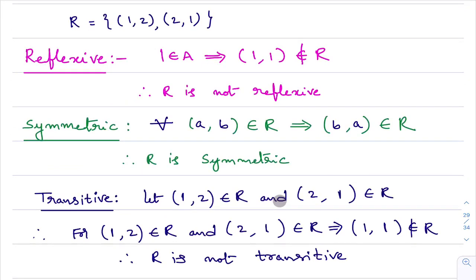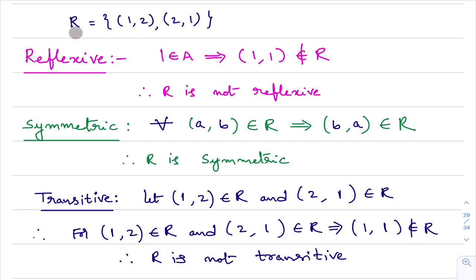First you find a pair of ordered pairs (a, b), (b, c). You see (1, 2), (2, 1). That means you are able to identify (a, b), (b, c) in this relation.